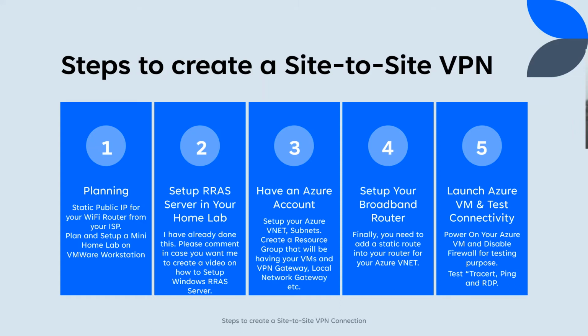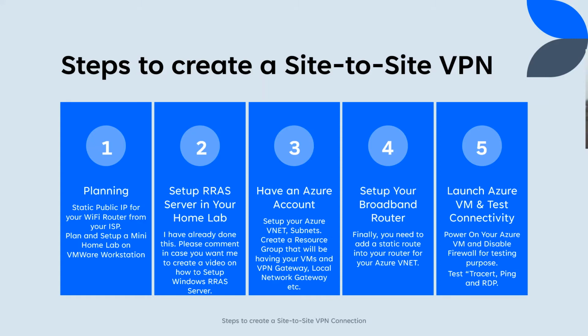As in step 2, I've already set up a Routing and Remote Access server as a Windows server in my home lab. So please comment if you want me to create a separate video on how to create and configure a Routing and Remote Access server in a home lab, and I'll try to create a video for that as well.